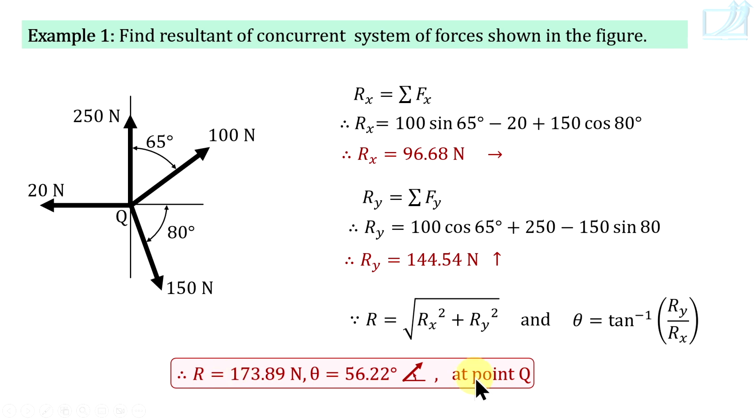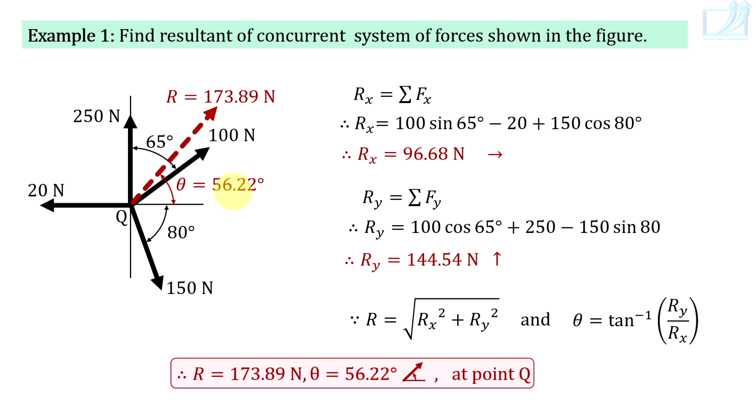Now, show this resultant force in the diagram. So, the resultant is at point Q. It is rightwards upwards. So, I have shown resultant at point Q. Label resultant as R and insert its magnitude. And show its angle with x-axis. Theta is equal to 56.22 degrees.